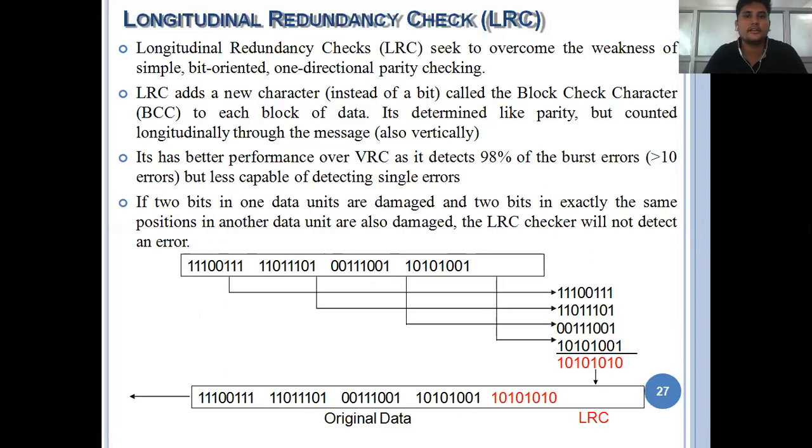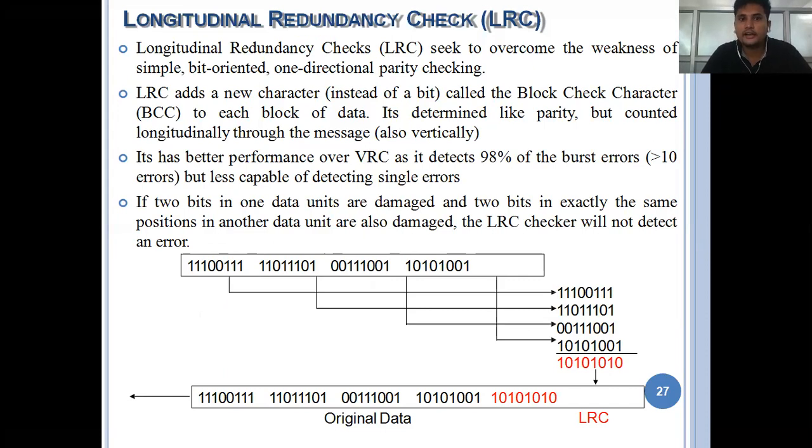Longitudinal redundancy check seeks to overcome the weakness of simple bit-oriented, one-directional parity checking. It overcomes some of the drawbacks of the past checking methods. Those errors in the past checking methods are overcome by this longitudinal redundancy check, LRC.